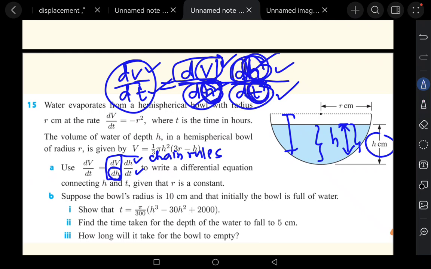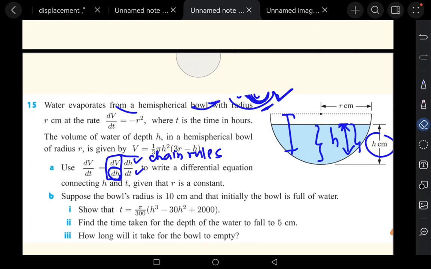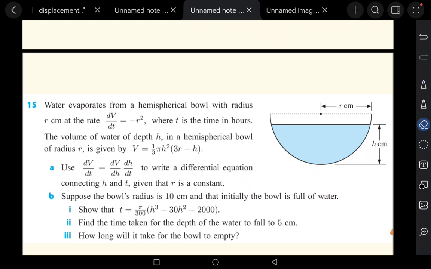This case is the time. Okay, clear? Let's go to the question. What's the question asking? Use this equation, differential equation, to write a differential equation connecting to the h, t, and r terms, in two terms h, t, and r, which is r is a constant. All right, let's do it.